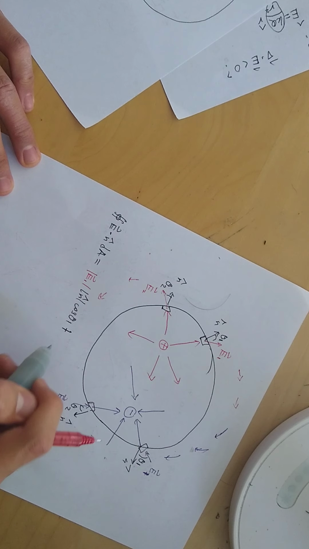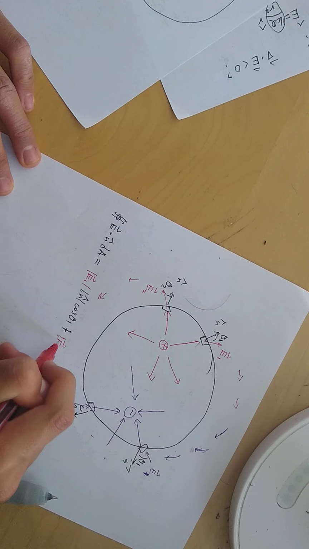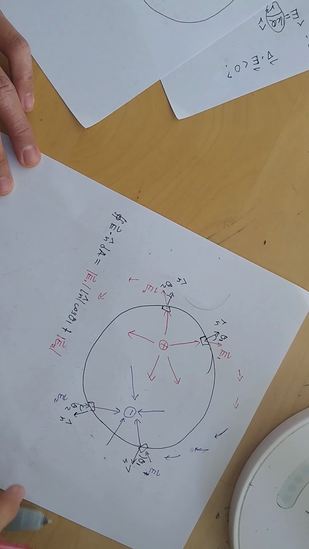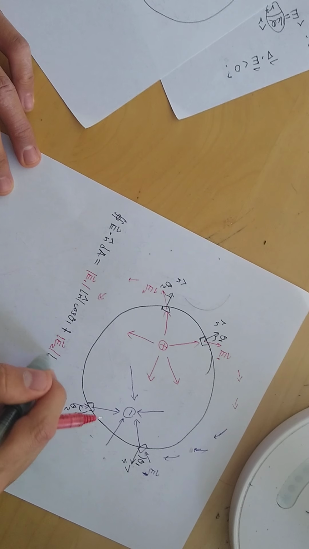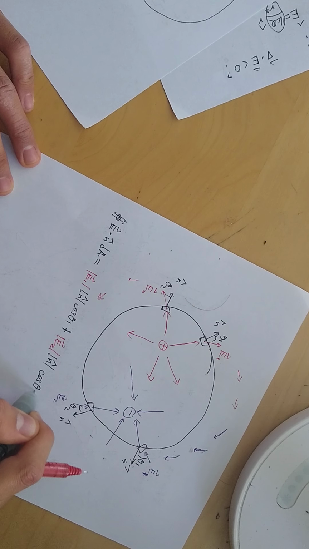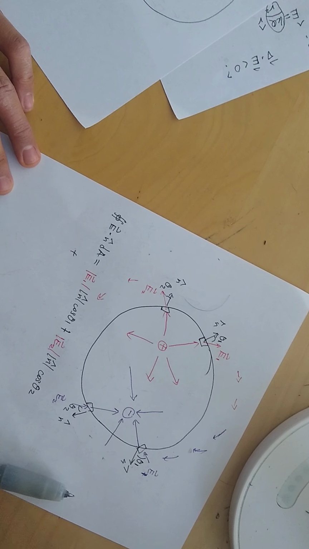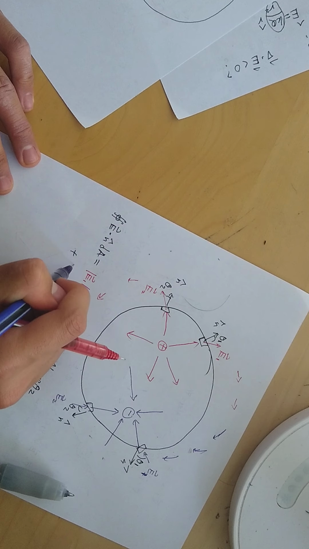And then you do a plus, and you also do it for the other positive electric field vector, n hat, and then cosine theta 2. And the same thing goes for the negative electric field vector.